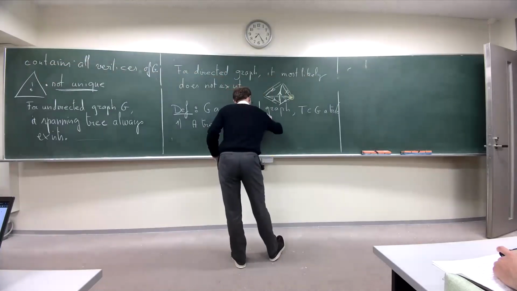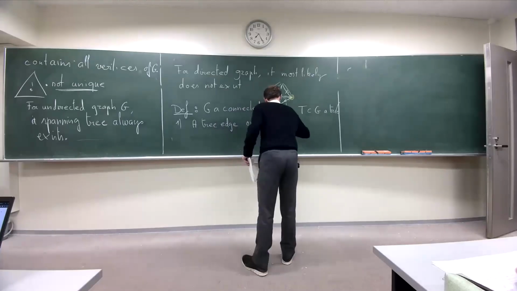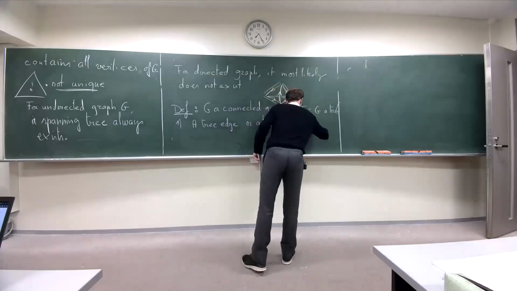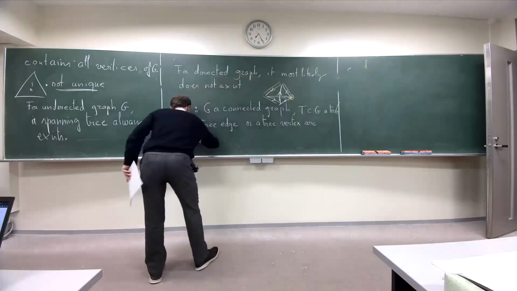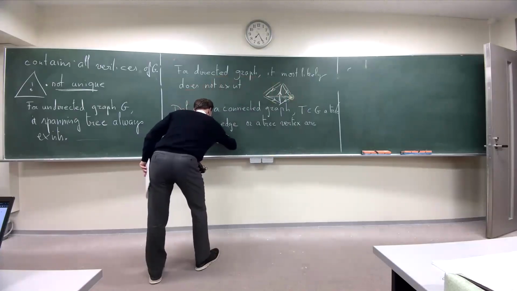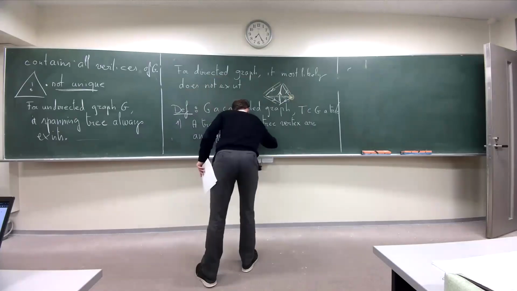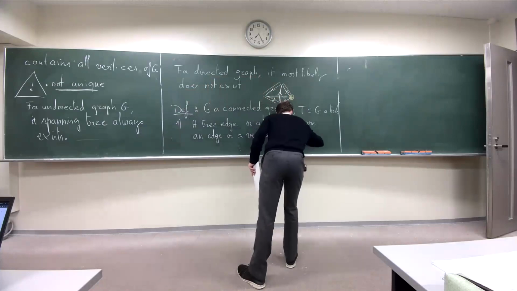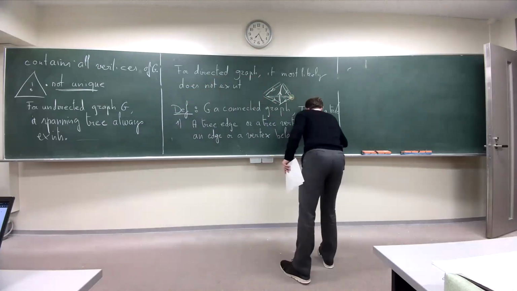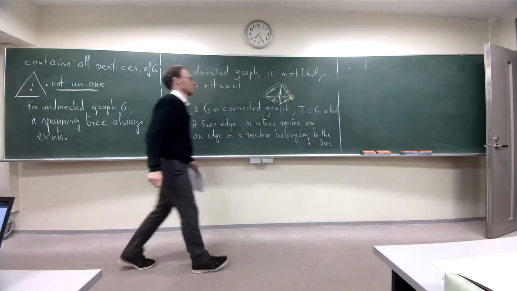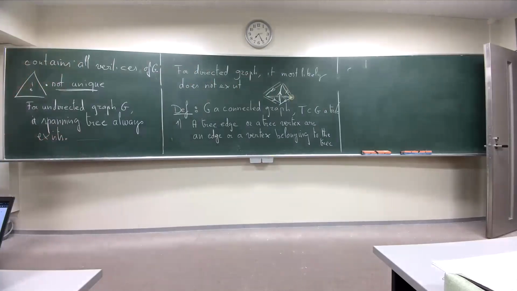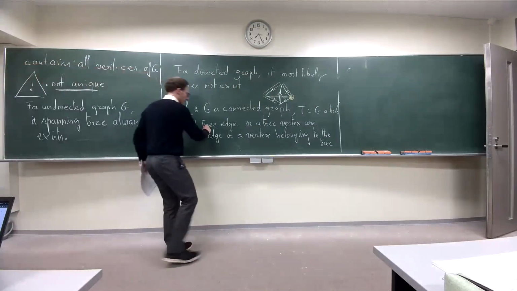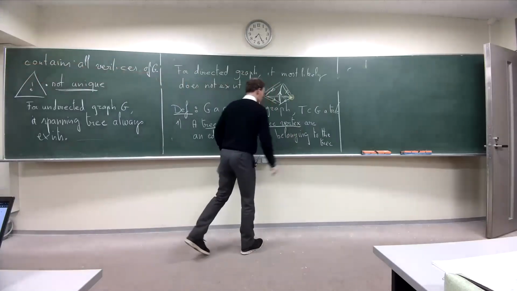Or a tree vertex, a vertex belonging to the tree. Got a graph and got a tree inside, then you call a tree edge or a tree vertex either an edge or a vertex which belong to the tree.